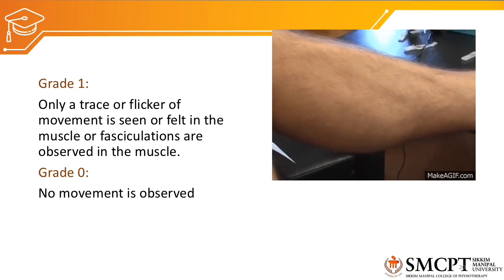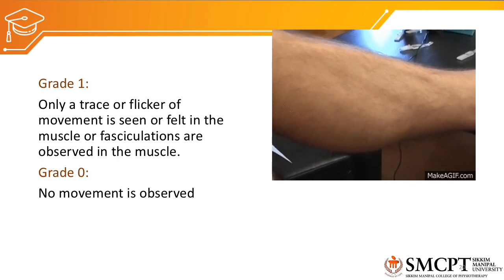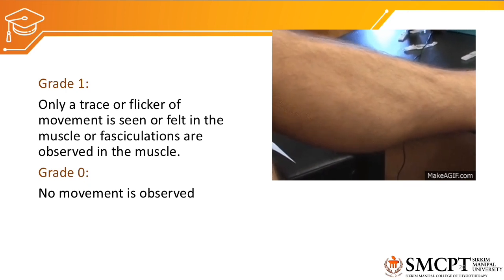So how many grades have we discussed here? According to MRC grading, we have discussed 5 grades. Grade 5 means patient is able to perform full available range of motion against maximal resistance. Grade 4 means patient is able to perform full range of motion against minimal resistance, not maximal resistance.